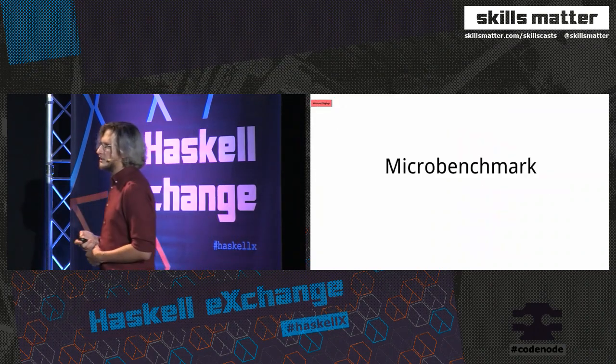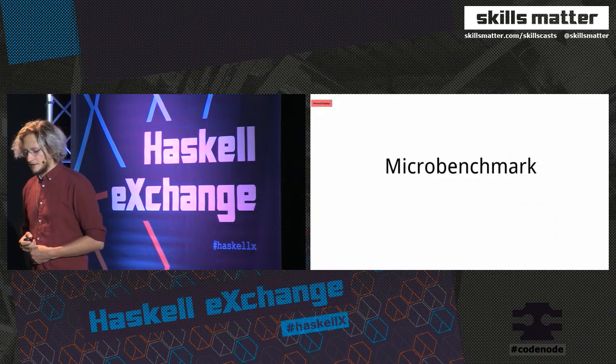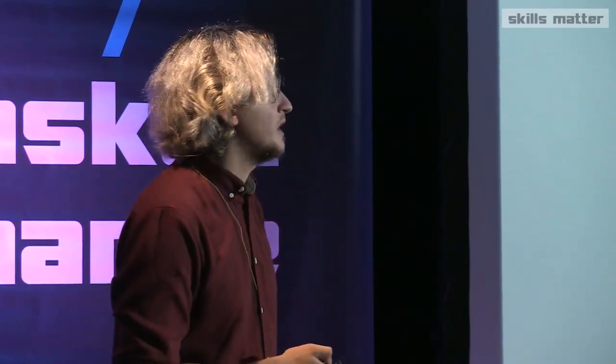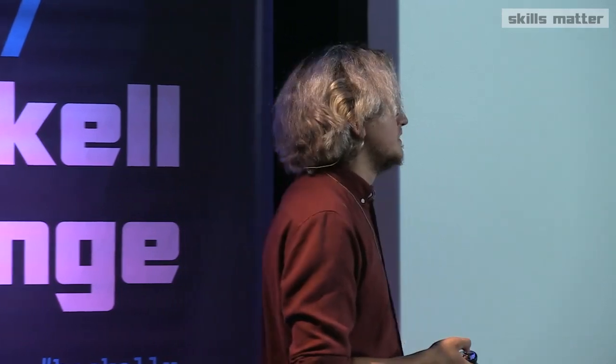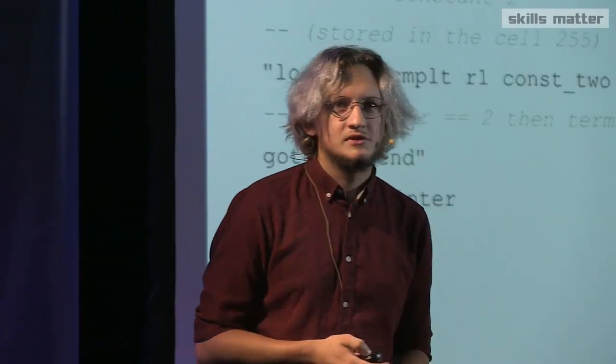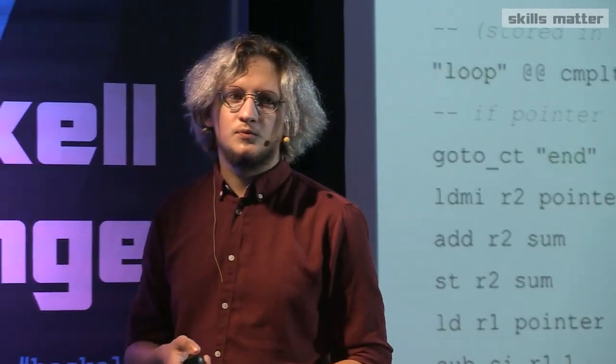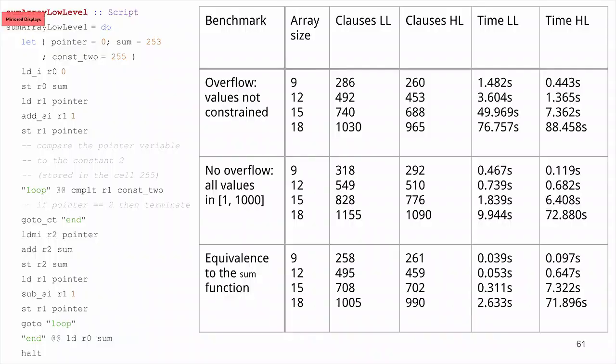Right. So we also did a micro benchmark of our library. So we wanted to know how well symbolic execution is actually working. I mean, how much time it would take to verify some examples. And so we did it on a synthetic example of summing up an array of numbers.